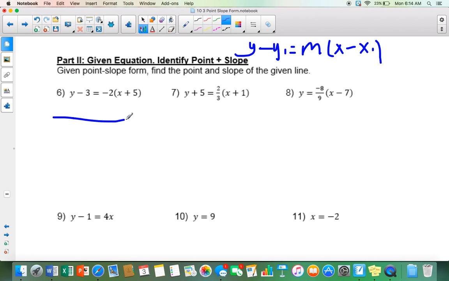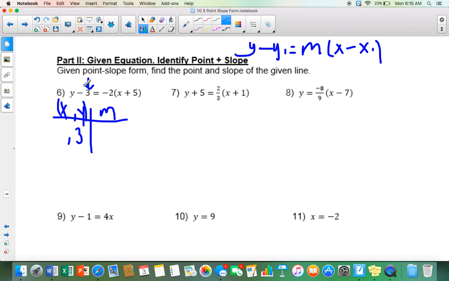So I'm going to draw my little table, and this is where I'm going to write what my x and y value are and what my slope is. Okay, so let's look. So we've got y minus y1. So I know that y1 is a positive 3.